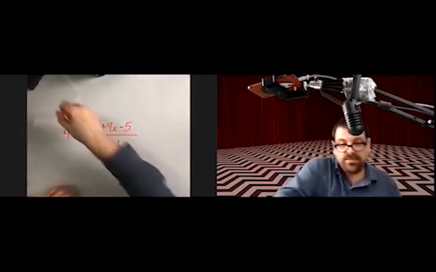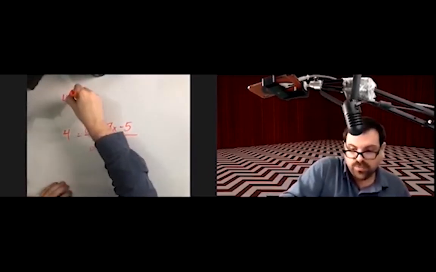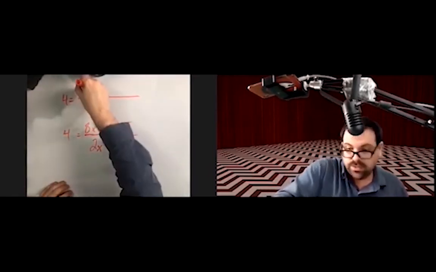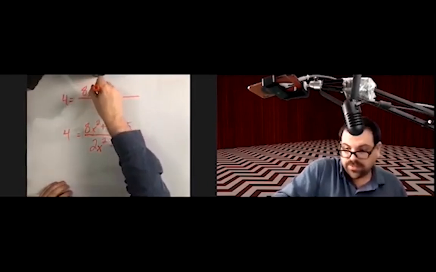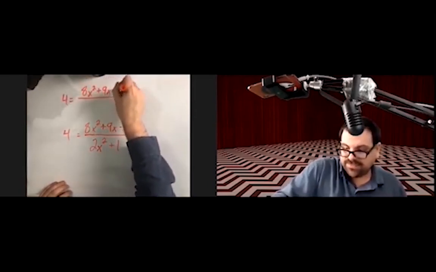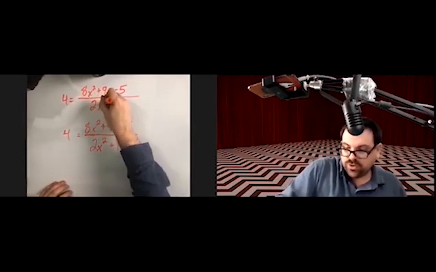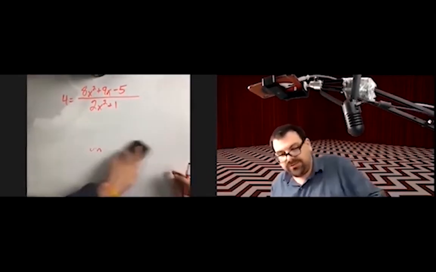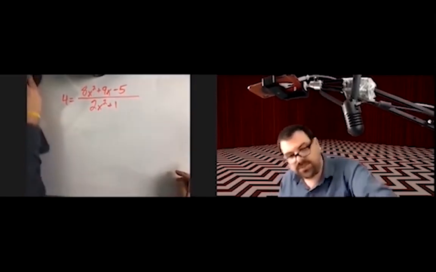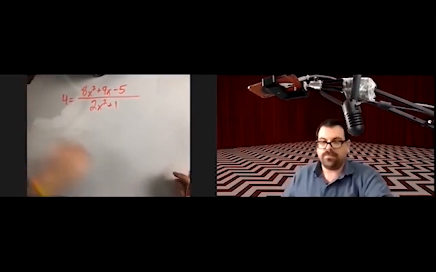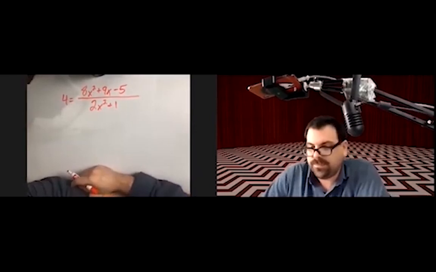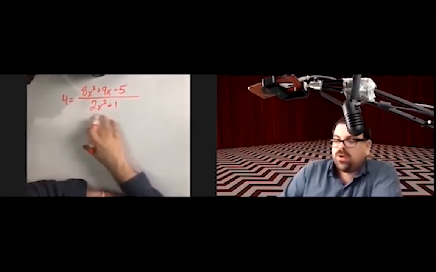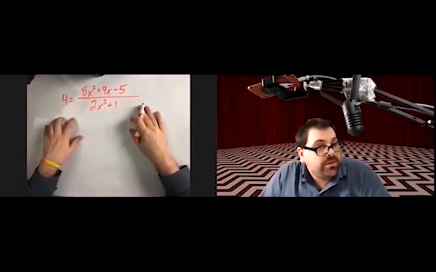So let me move this up so that I have more room to work. 8x squared plus 9x minus 5 over 2x squared plus 1. Again, it's set equal to 4 because that was our horizontal asymptote. We want to start by clearing the fractions.